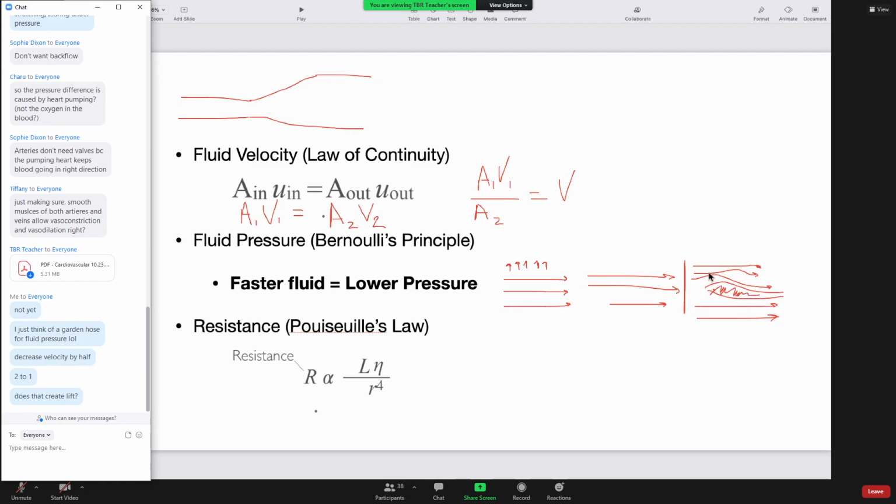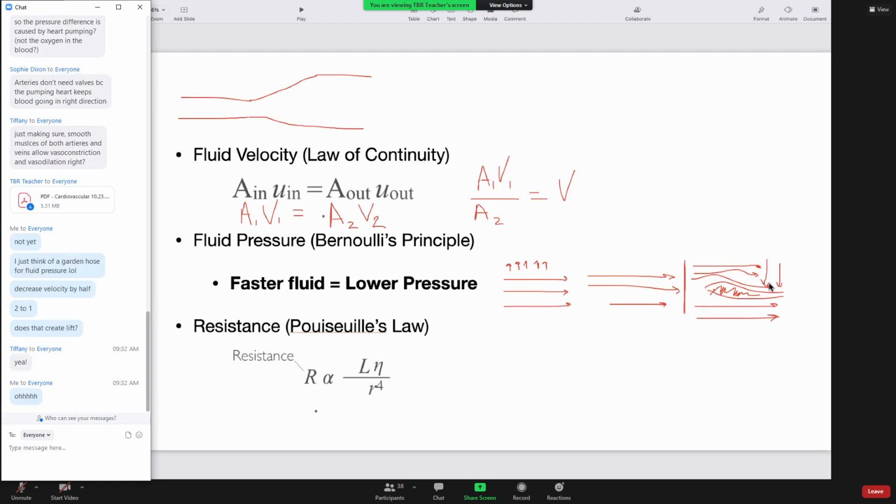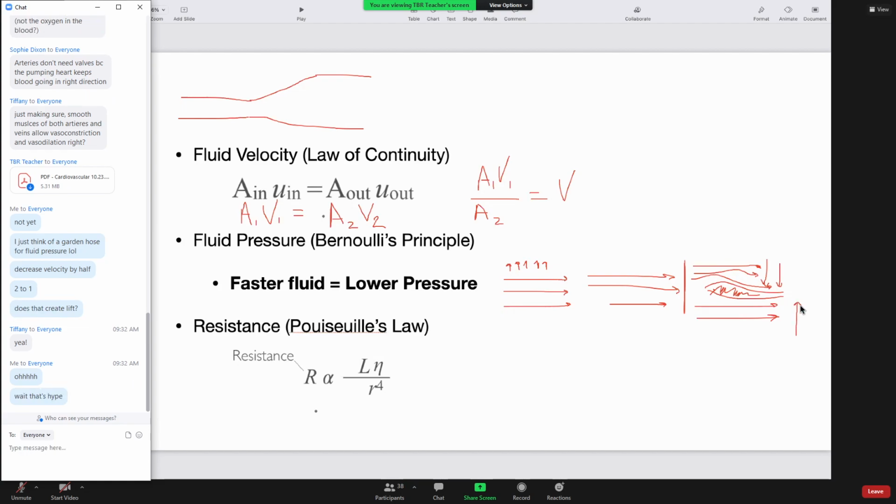By speeding up the air above the wing, you are exerting a lower pressure down on the wing, which allows the net force to push the plane up. So we take advantage of Bernoulli's principle with planes.